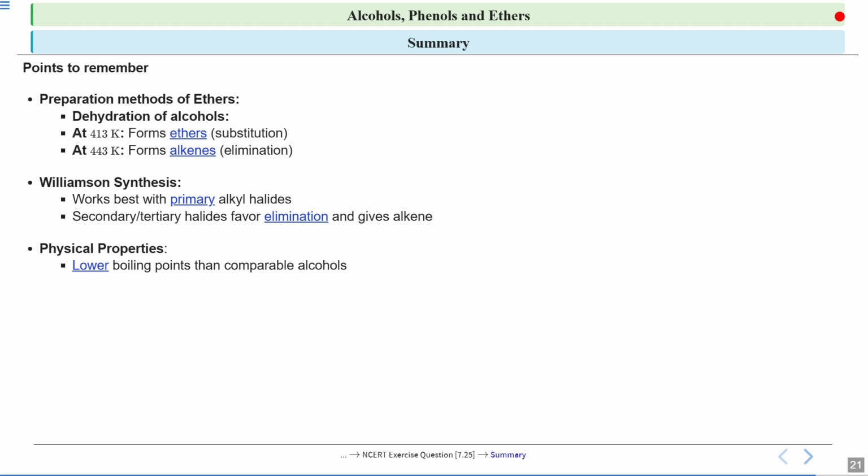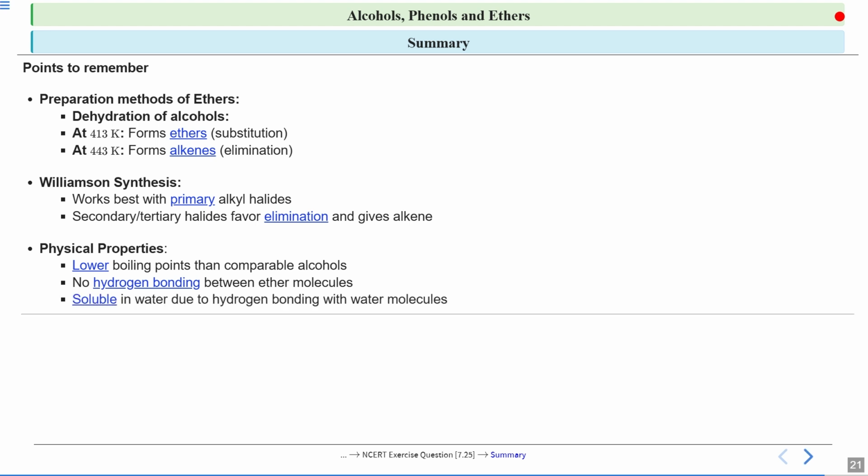So that is why ethers have a lower boiling point as compared to alcohols of comparable molar mass. There is no hydrogen bonding between the ether molecules because ether is in the form of an alkoxyalkane. Okay, so there will be no hydrogen bonding between the ether molecules.